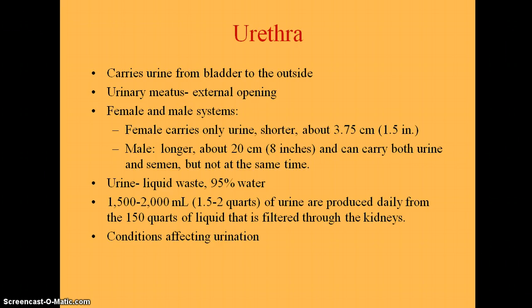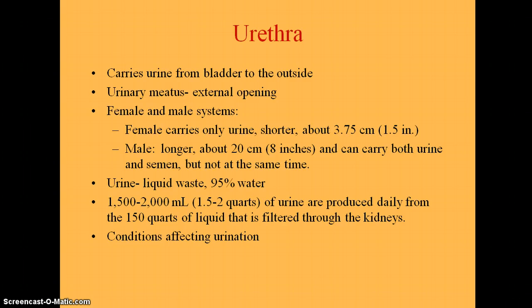In females, that urethra is only about 1.5 inches long. It opens in front of the vagina and carries only urine to the outside. In males, the urethra is about 8 inches long, and it passes through the prostate gland and out through the penis, and it carries both urine and semen, although not at the same time.